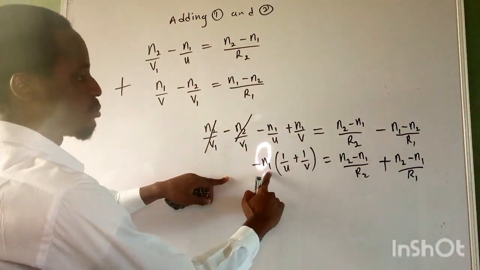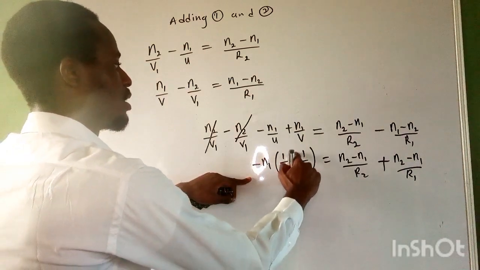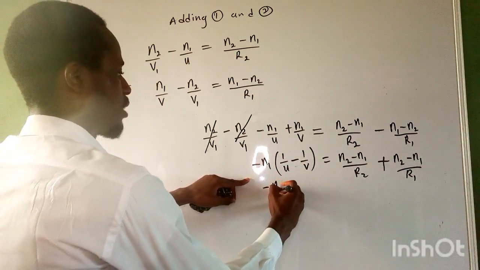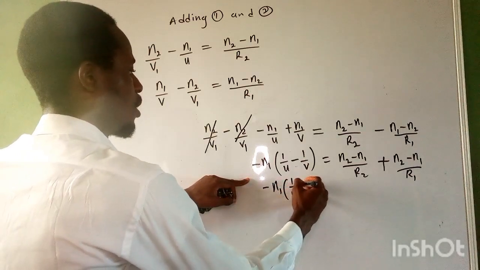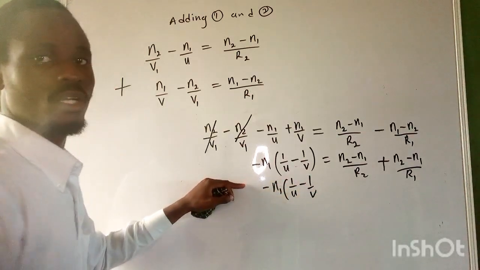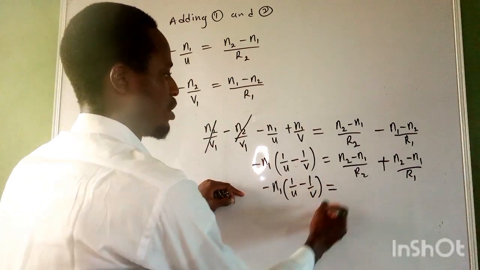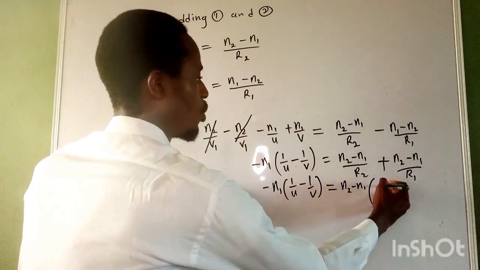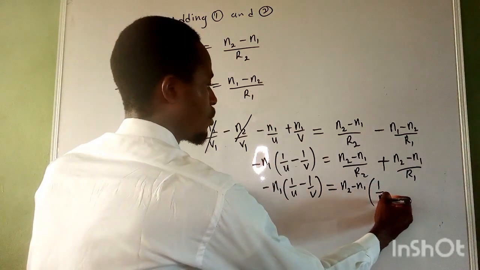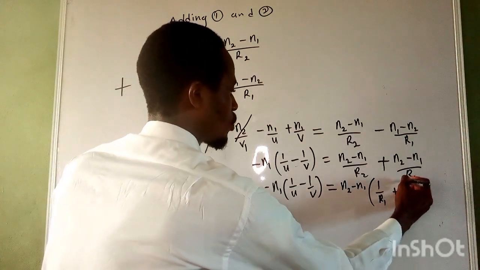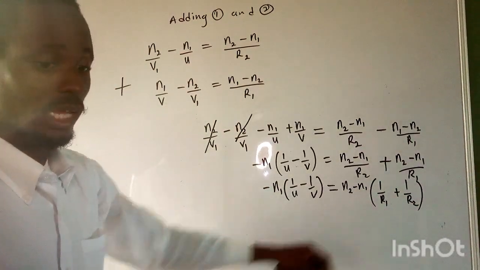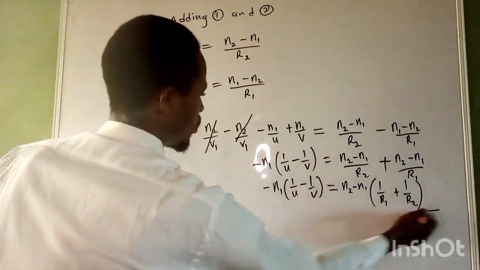Once I factorize and bring down minus n1 here, this is supposed to be negative, okay? So then I'll be having minus n1 into 1 over u minus 1 over v, okay? Then that will give me n2 minus n1 into 1 over r1 plus 1 over r2. Mind you, addition is commutative, so this is allowed. Okay, let me just continue my work here.